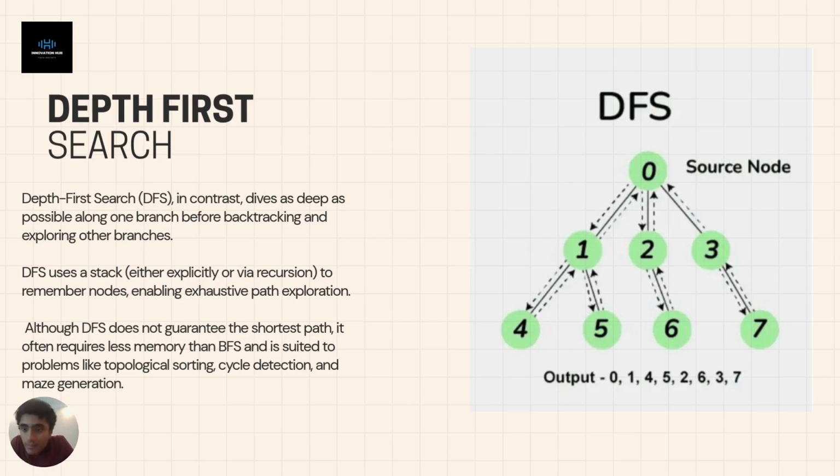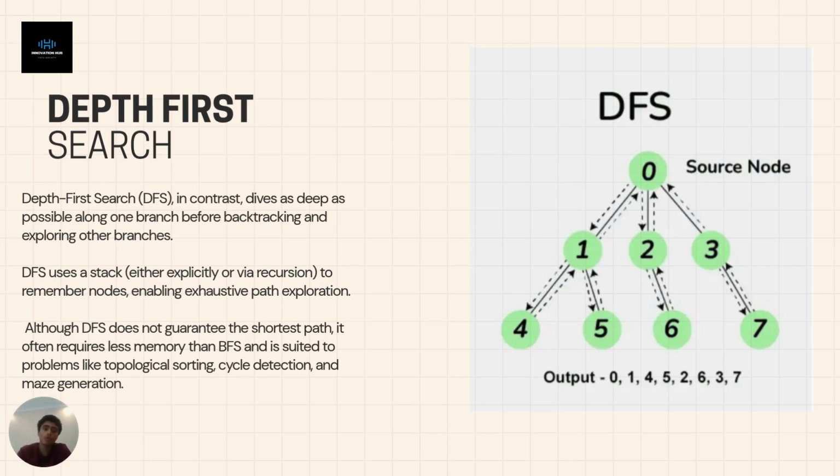The algorithm starts at a chosen node and moves on to its connected neighbor. From there, it travels as deep as possible, and essentially repeats this process until it reaches a node where it can no longer explore the remaining neighbors. At that point, the algorithm backtracks to the previous node.